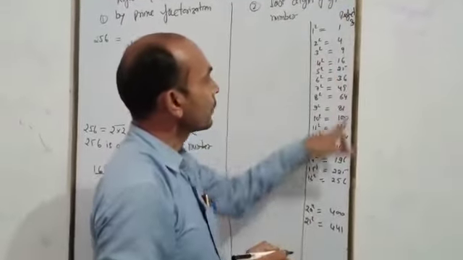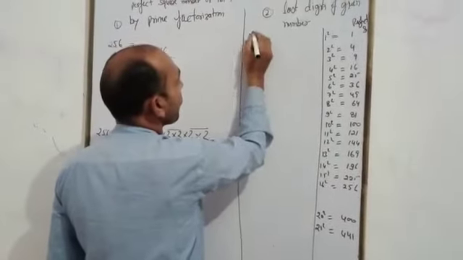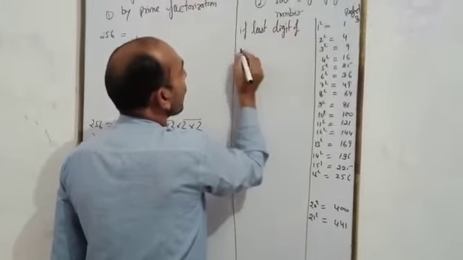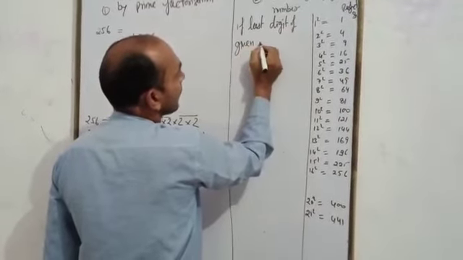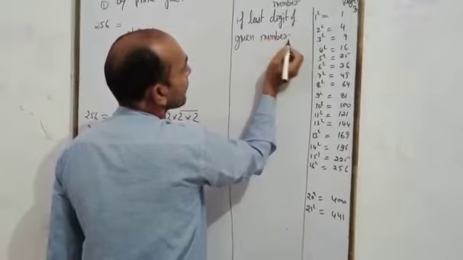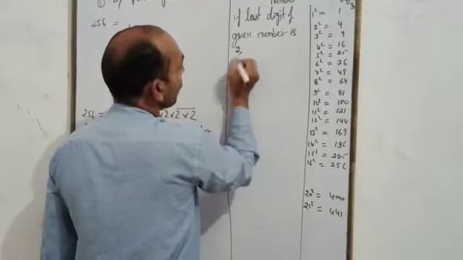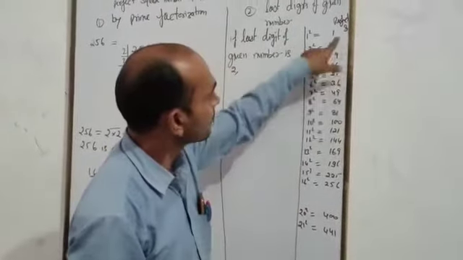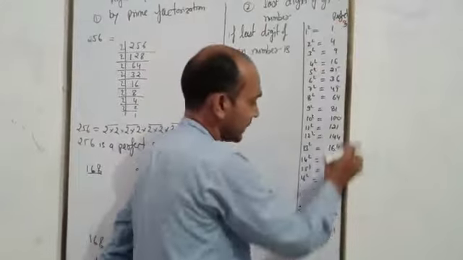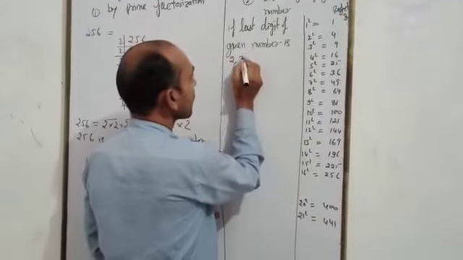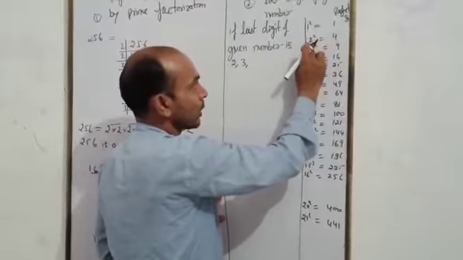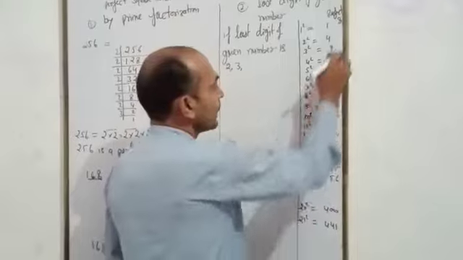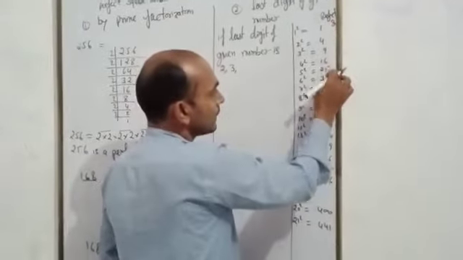That means if the last digit of the given number is 2, it is not a perfect square. 3 also is not there in that series. 4 is there, in the square of 2, square of 12, square of 22. 5 also is there. 6 also is there.